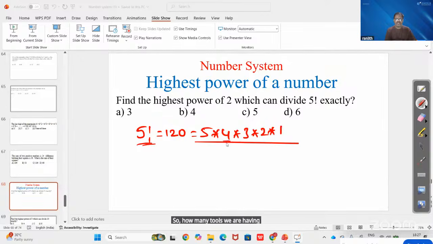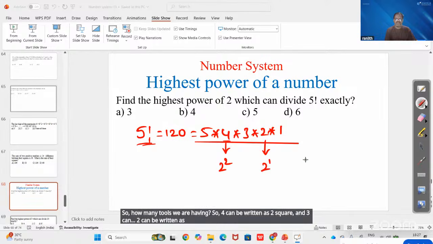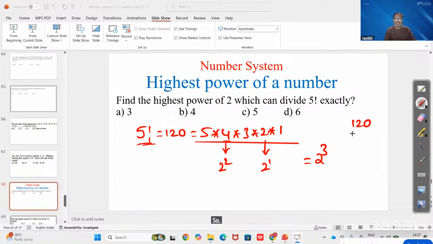4 can be written as 2 square and 2 can be written as 2 power 1. So in total we are getting 2 three times, which will be equal to 2 cube. So 120 divided by 8, we get the remainder 0.